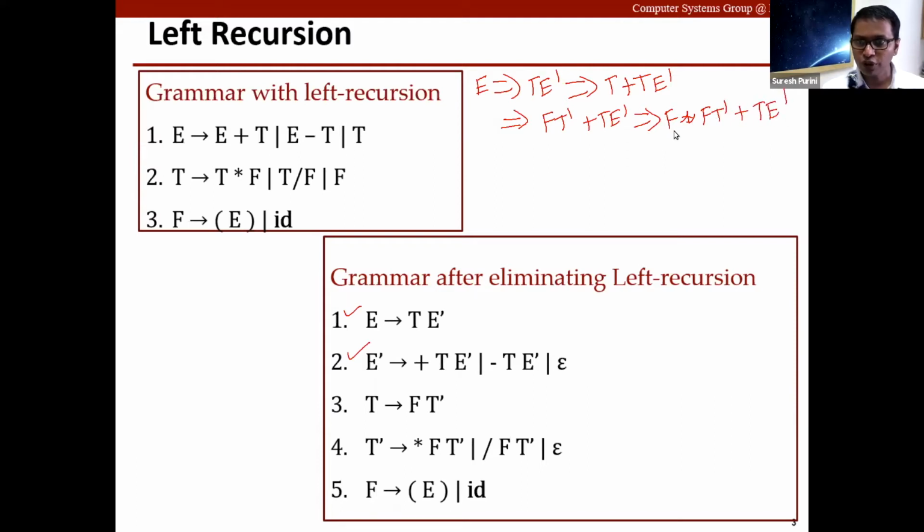I want you to focus here. Using the non-terminal symbol T prime, we can generate a product of factors. An expression is a sum of terms. A term is a product of factors, where product means a product can involve star or division operation. This is what we have so far.